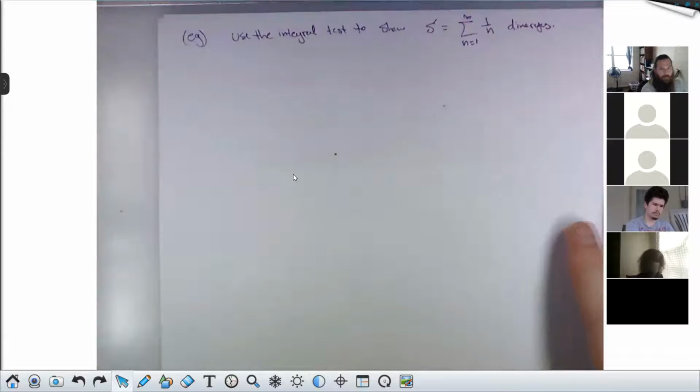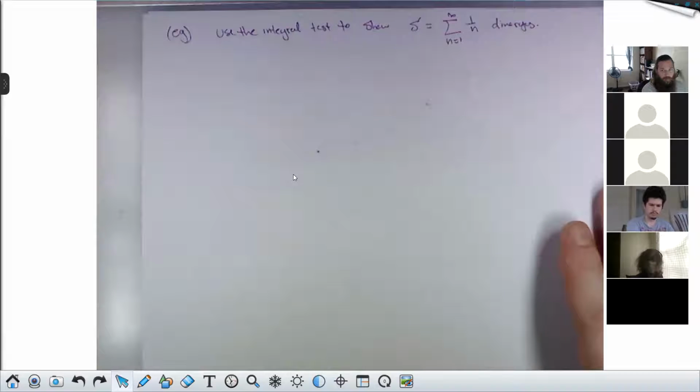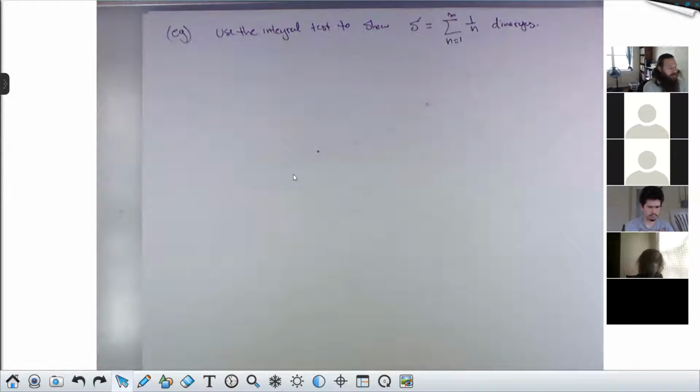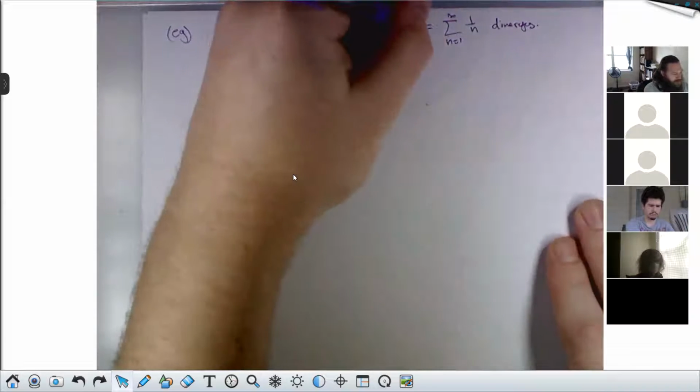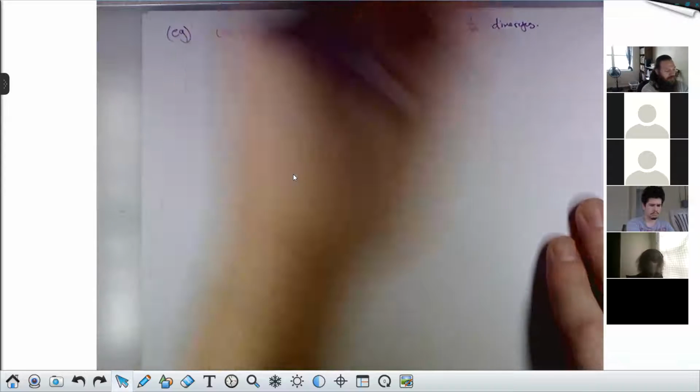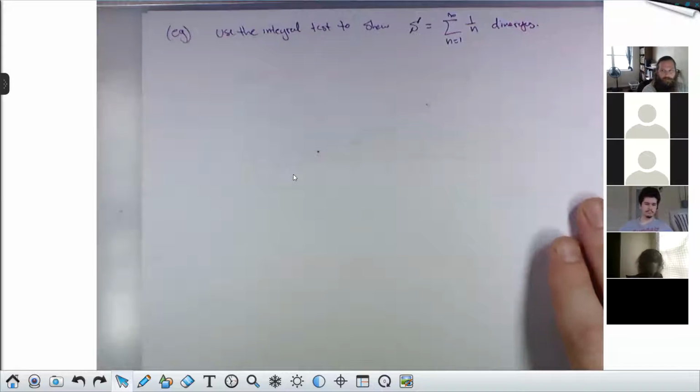You may remember from class two Thursdays ago, the Thursday before spring break, we showed that the series from 1 to infinity of 1 over n is divergent. We were able to do this by grouping terms. But the really nice way to do this is with the integral test.